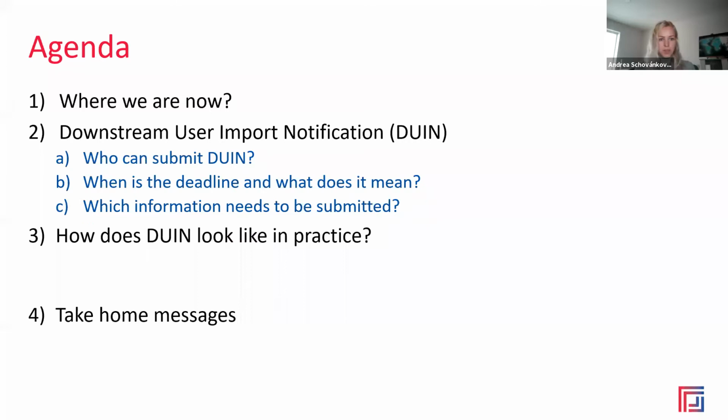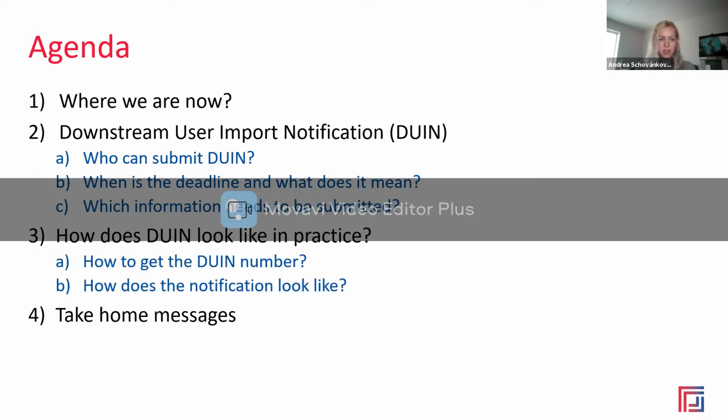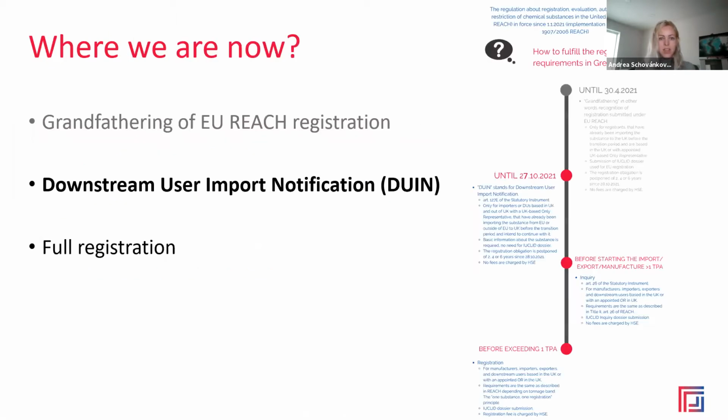So who can submit this notification, when is the deadline, and what does the deadline mean, and which information needs to be submitted. Then we will take a look at how the notification looks in practice, and how we get the downstream user import notification number, and how the notification looks after it, and then some take-home messages. So we can start.